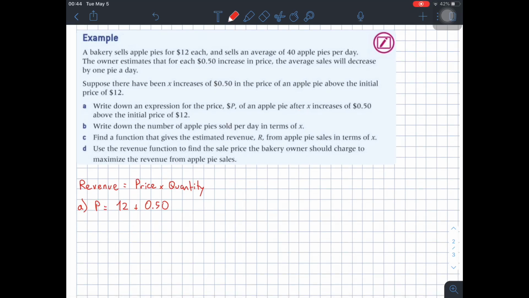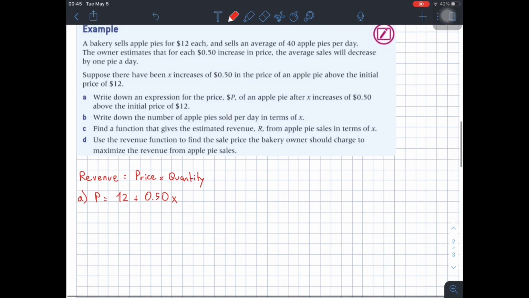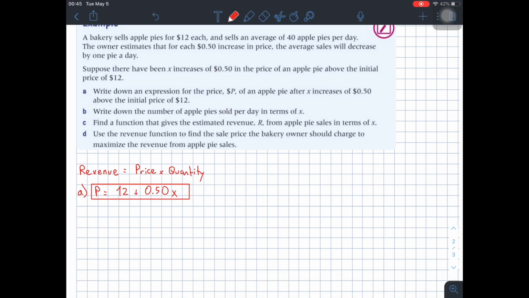So 0.50 times X. We don't know how many increases we're applying, but the general formula, in case we do one increase, X would be 1. In case we do 2 increases, X would be 2, and so on, okay? So this would be the general formula to find the price after X given increases of $0.50, right? Okay, so that's it for part A.